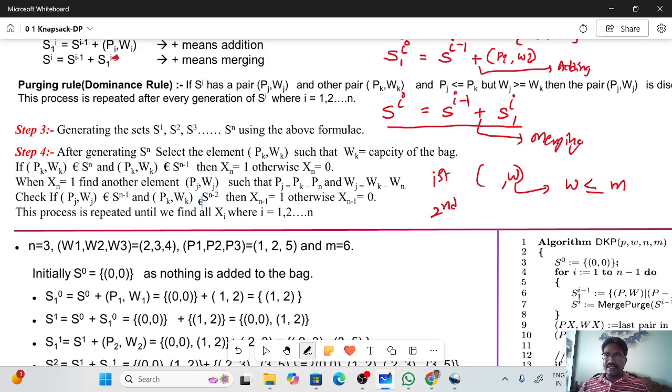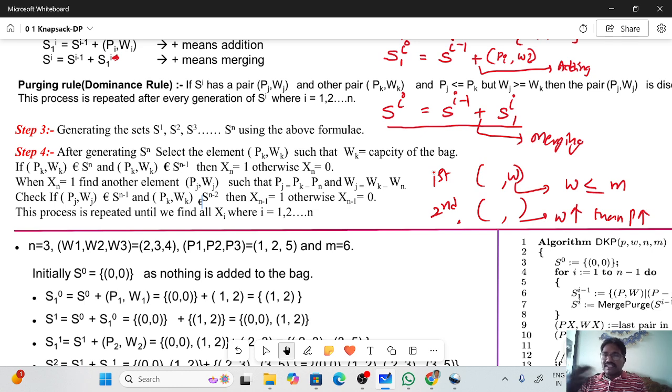The second thing: in general, whenever weight increases, profit must also increase. If in any pair the weight increases but the profit decreases, we do not maintain that pair in our set.